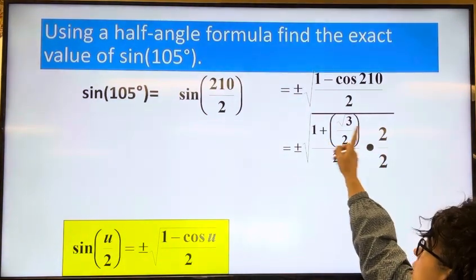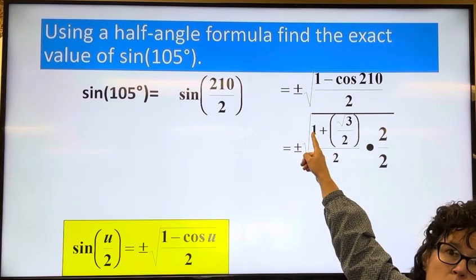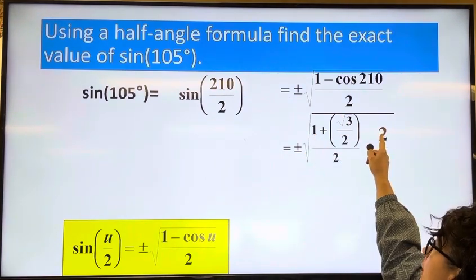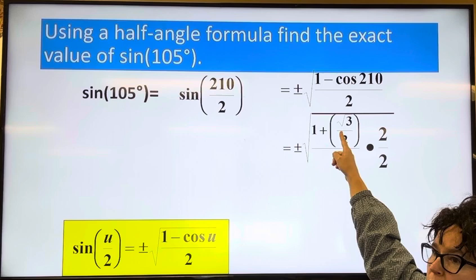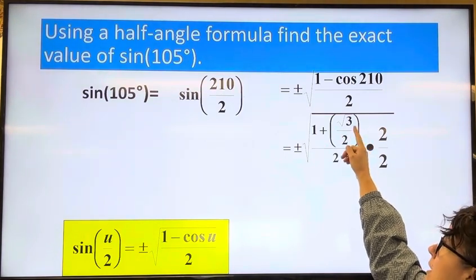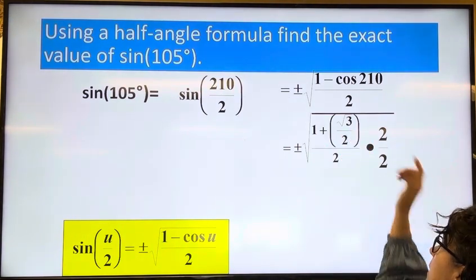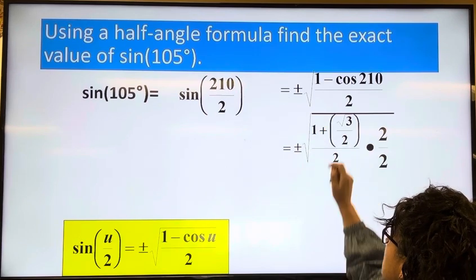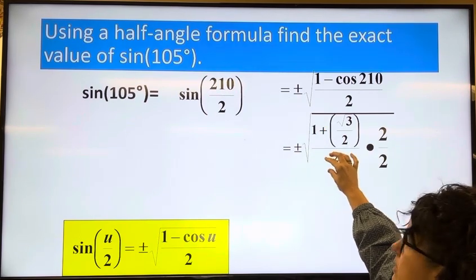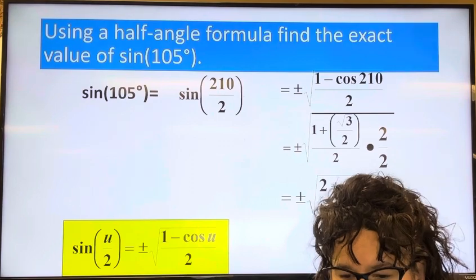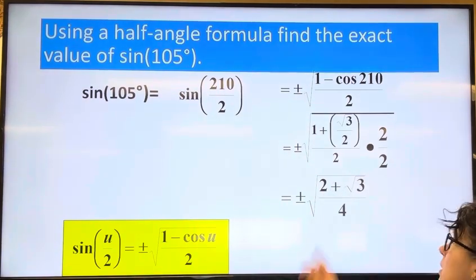Multiplying the top by 2, 2 multiplied by 1 is 2. And then 2 times the square root of 3 over 2, the 2's would cancel, and I get just the square root of 3. So this is 2 plus the square root of 3, and then denominator times denominator, 2 times 2 is 4. Okay, you okay there?